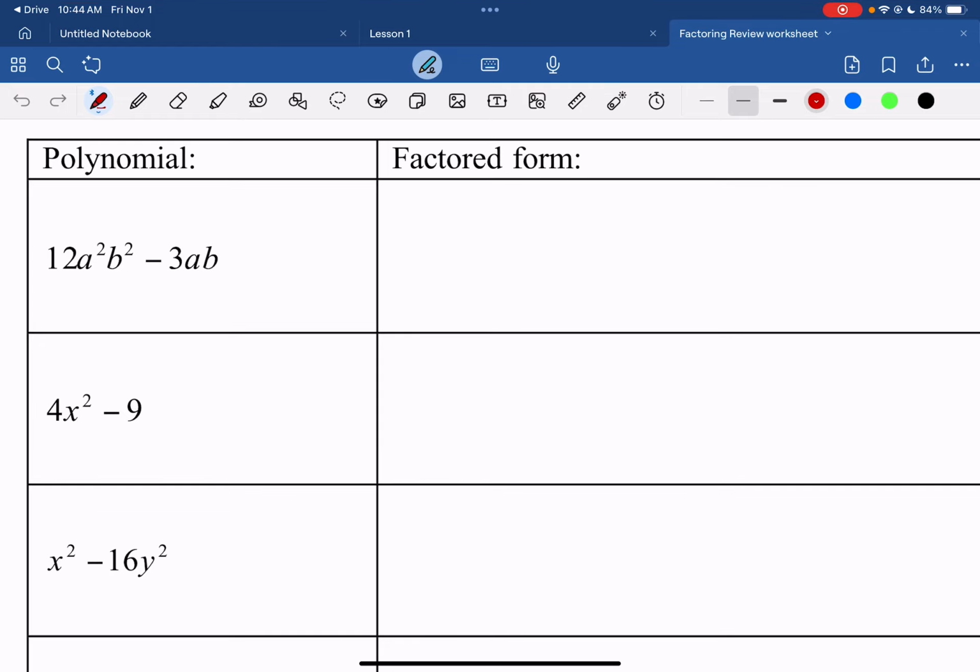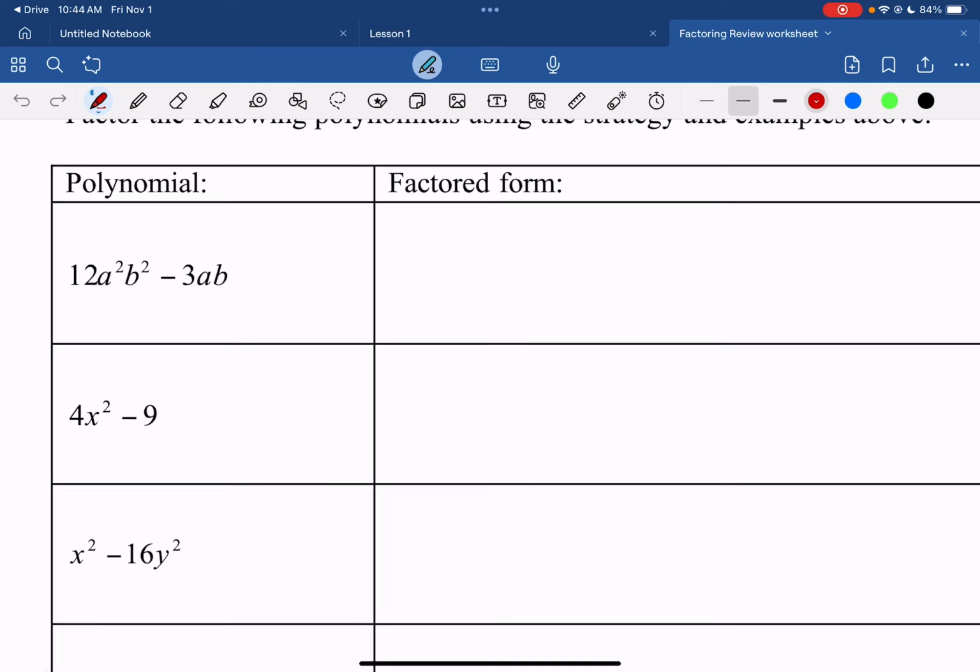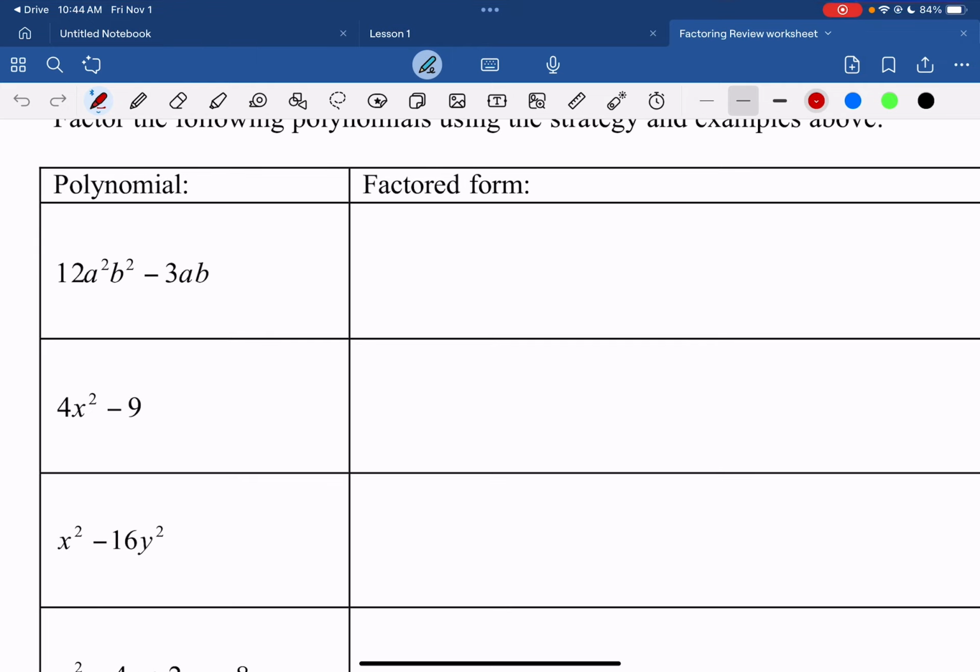We've got a binomial, meaning we have two terms. And so I have 12a squared b squared minus 3ab. I can see that in the 12 and the 3, a 3 is in common. And then I can pull out an a and b. Now the reason I know to pull out that a and b is because that's the lowest of all of my variables, the lowest degree of all my variables.